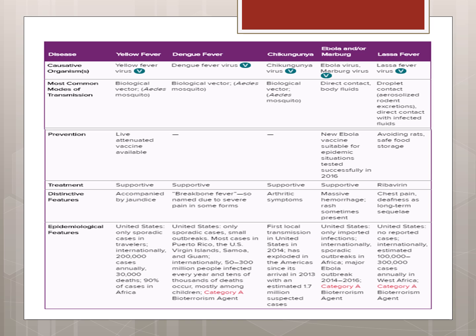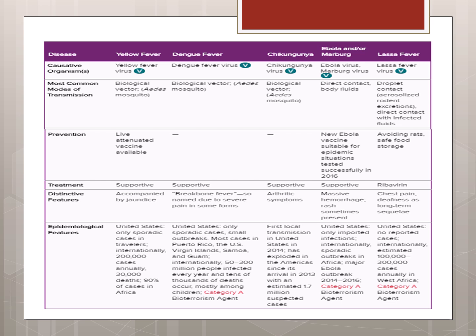I don't know off the top of my head what the mortality rate of Ebola is, but I can't imagine it's good. So that's why we have a vaccine. Essentially, we are hoping you don't die if you contract one of these diseases, because again, they're viruses. There's not a whole lot we can do.